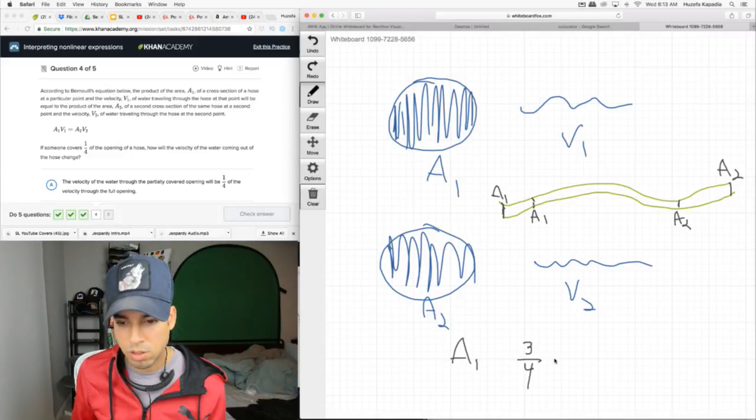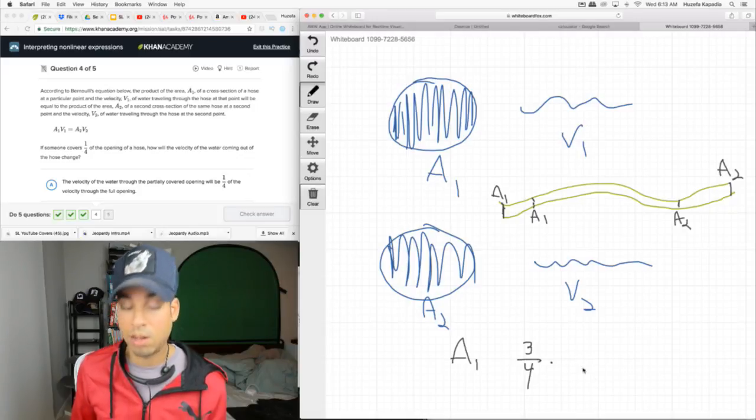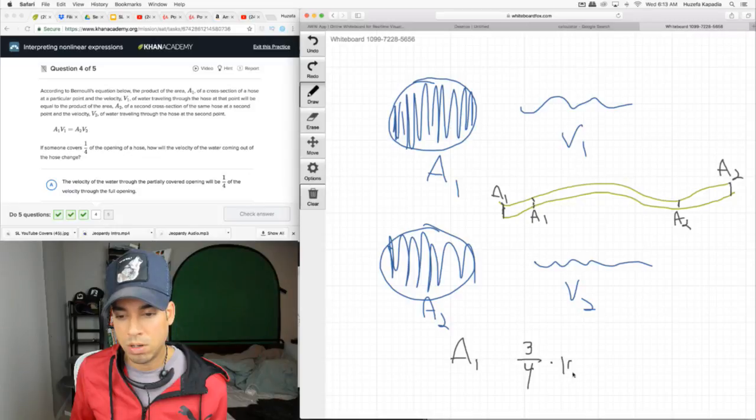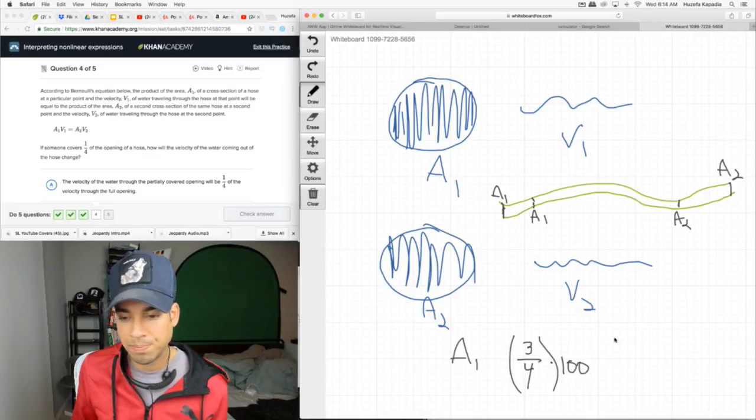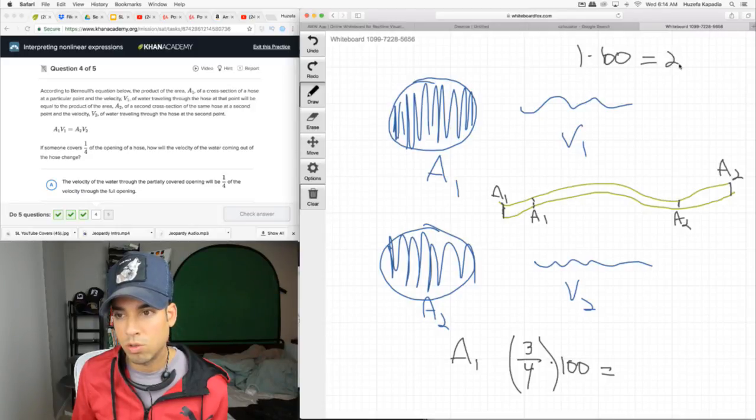It's like 3/4 times, I'm just going to choose 100 for V1, and I'll choose 1 for A1. Originally, let's say it was 1 times 100 equals 2 times 50. I'm just making it up.